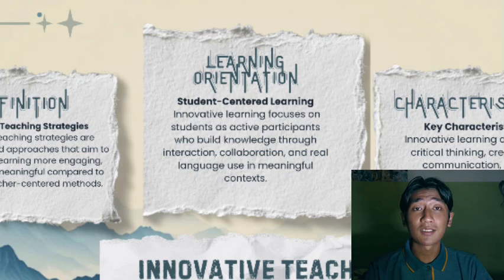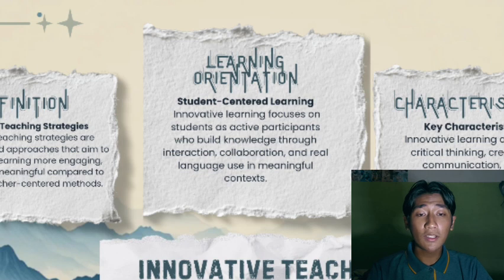The second part is the learning orientation, student-centered learning. The main learning orientation of innovative teaching strategies is student-centered learning. This means the students play an active role in the learning process. They are encouraged to interact, collaborate, and use English in real and meaningful contexts.